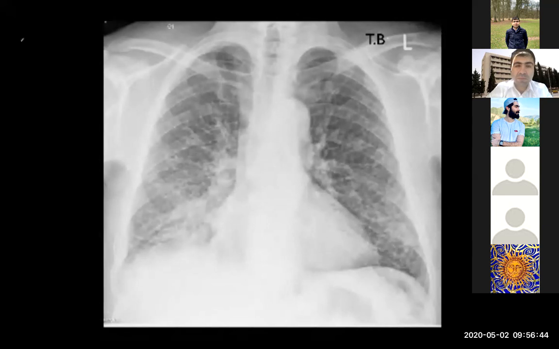C for cardiac shadow, looking normal. D for diaphragm is normal, no changes, and there are sharp costophrenic angles. F for lung field, there are multiple opacities all over the lung field.